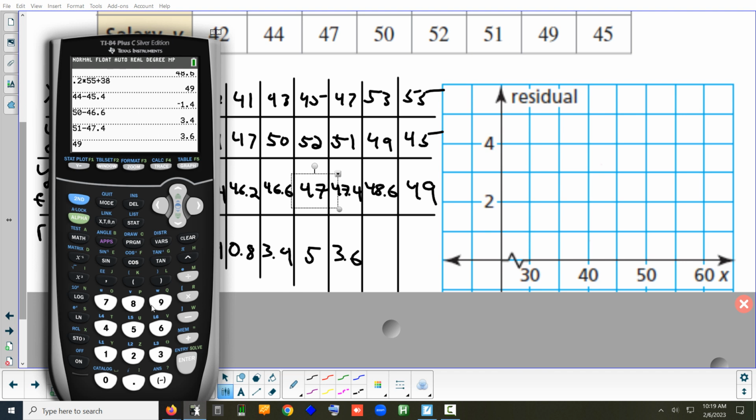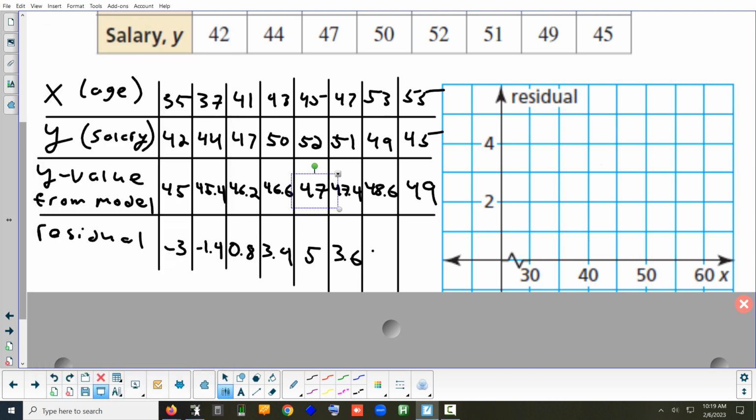That one's going to be pretty good. But the thing is, you want them all to be pretty good. You don't want some of them good and some of them not as good. So that's 0.4. And the last one, what's 45 minus 49? Yeah? -4. And another one that's not that good.